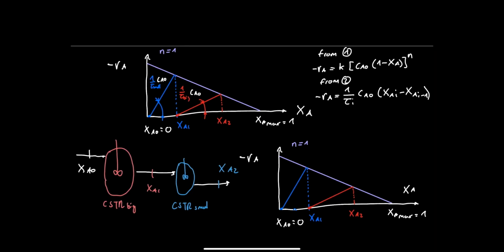So now we will start with the big one, and this has the same slope because we have the same reactor. However, we're starting off with the conversion A0 being equal to 0.